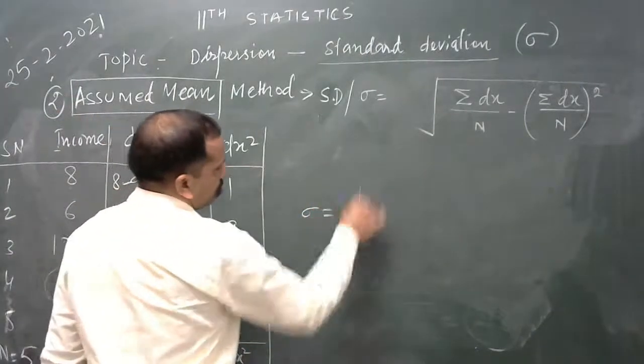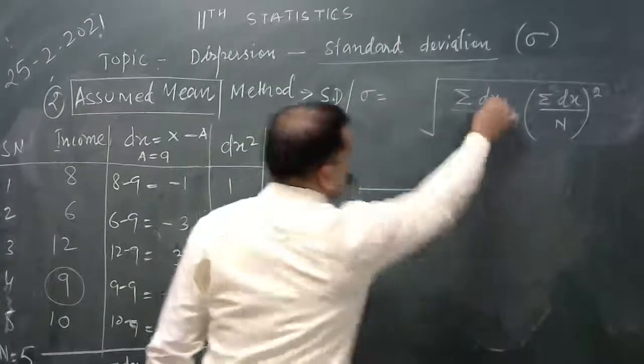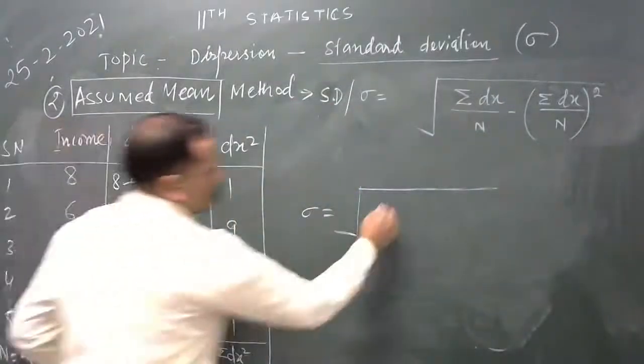Standard deviation, under root. So here the sum of dx is 0.